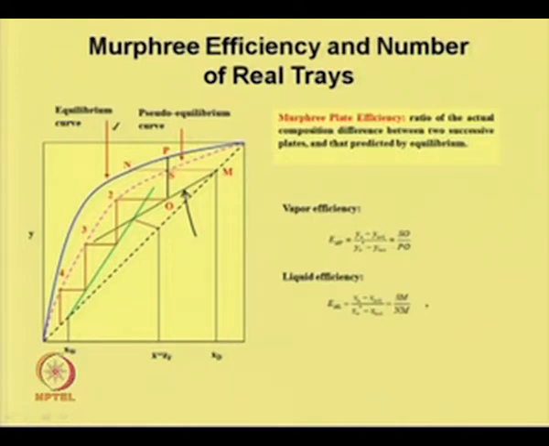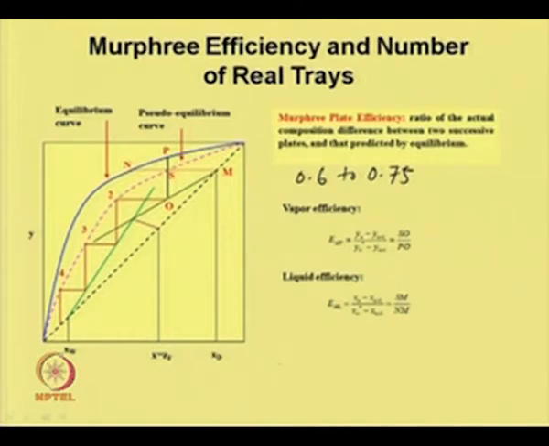This is the liquid efficiency and this is the vapor efficiency. In sieve trays, generally we use this efficiency between 0.6 to 0.75, and it is very easy to calculate the effective equilibrium curve.